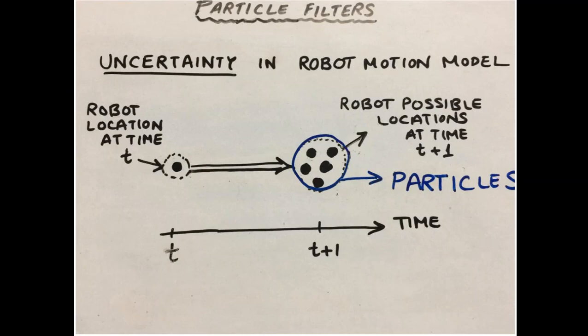And by the way, these are known as particles just because they look like particles. That's why the name particle filters. So in some sense, these particles indicate different possibilities, and because our models are all probabilistic, these dots represent different possibilities, hence the particles.